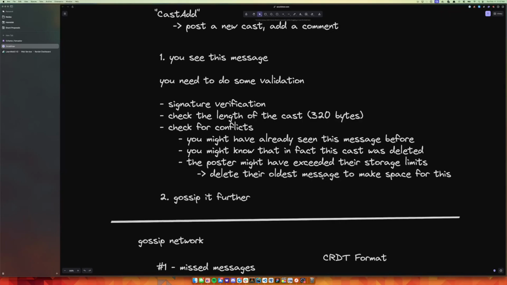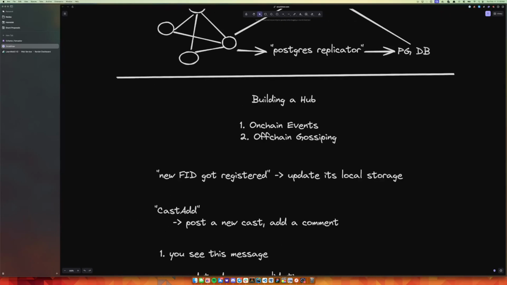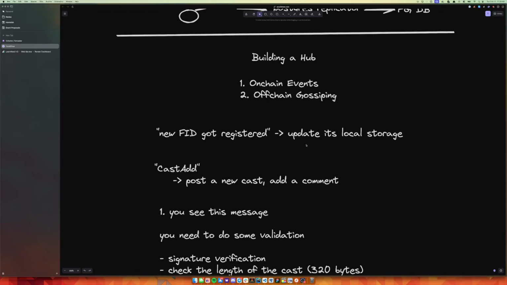So with that said, where teleport currently is: we have the infra set up to sync up all the on-chain events. We have a SQLite schema where most of it is stored. There are a couple little bugs in there, a couple little to-do items, but most of the on-chain events handling is done. For the off-chain gossiping, we have a lot of the foundational work taken care of.